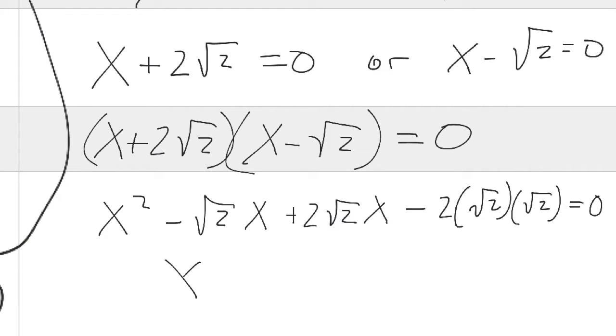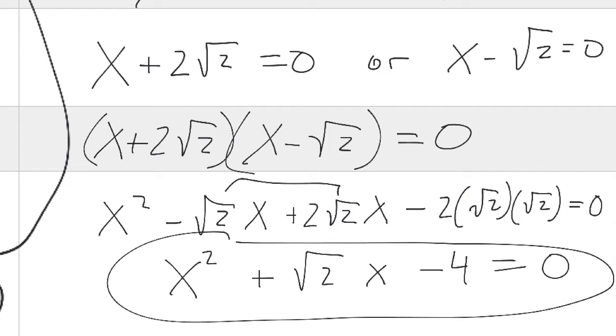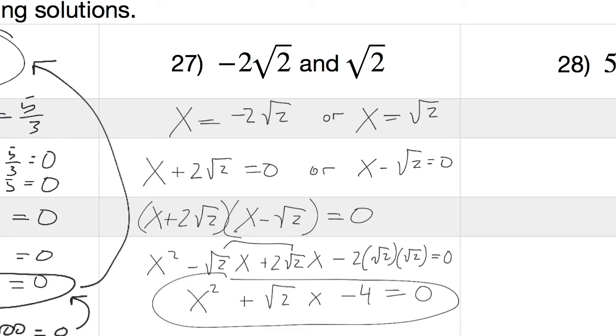Simplify things a little bit. These are like terms, so you get x squared plus square root of 2x minus 4 is equal to 0. That is an equation that will solve to get these two solutions.